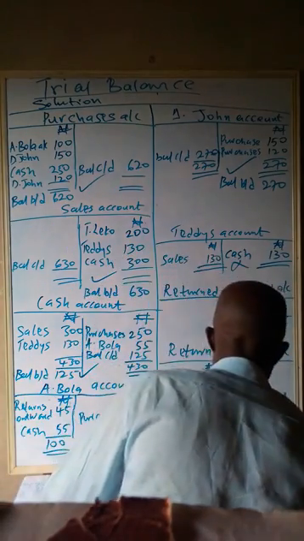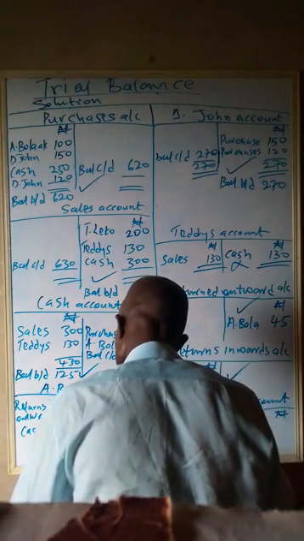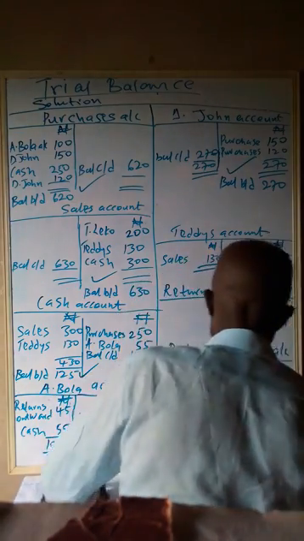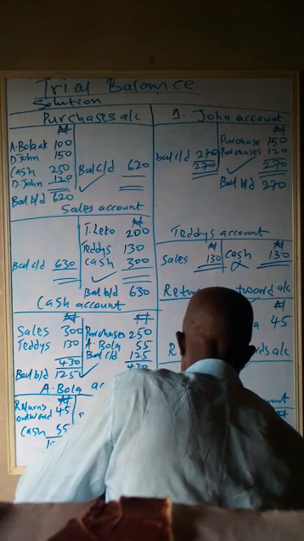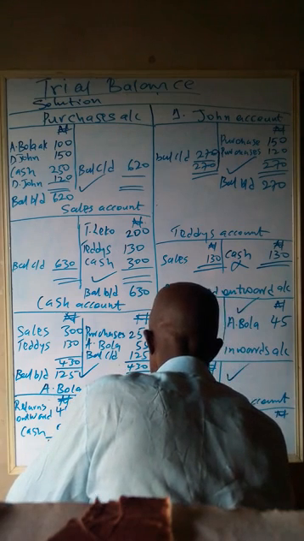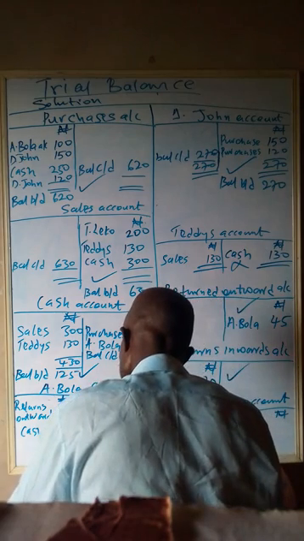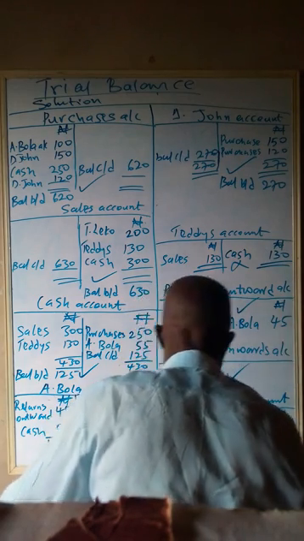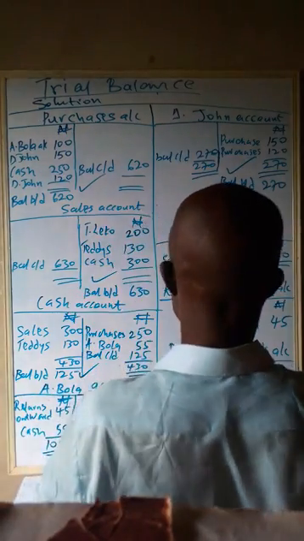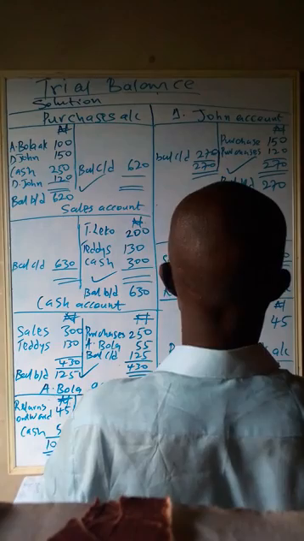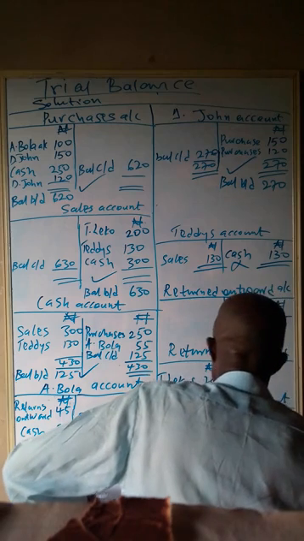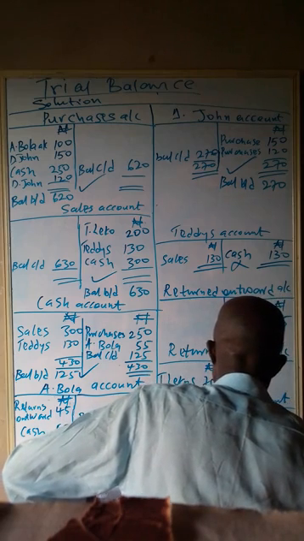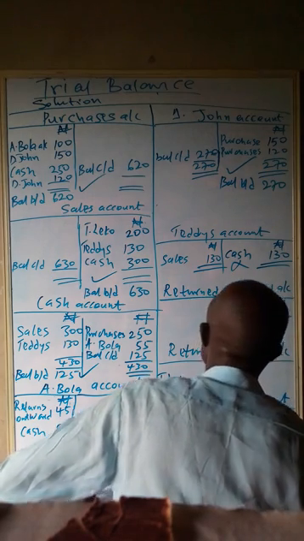So we sold on credit to T liquors. So T liquors is receiving 200 naira. That is sales account. Again, T liquors returns. That's a return inward, I mean. This return inward from T liquors returns 70. So I need to balance off the account now.